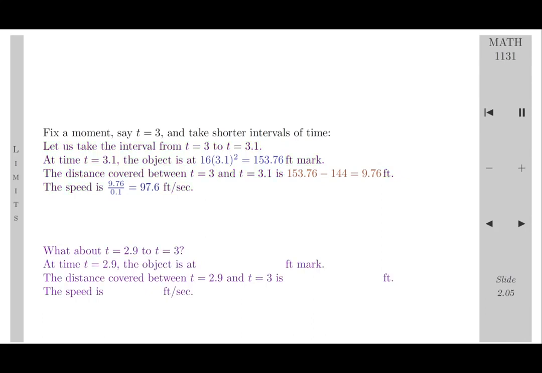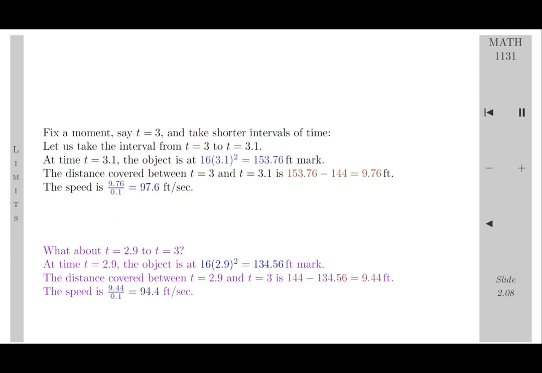What about t equals 2.9 to t equals 3? At time t equals 2.9, the object is at 16 times 2.9 squared, or the 134.56 foot mark. The distance covered between t equals 2.9 and t equals 3 is 144 minus 134.56, or 9.44 feet.